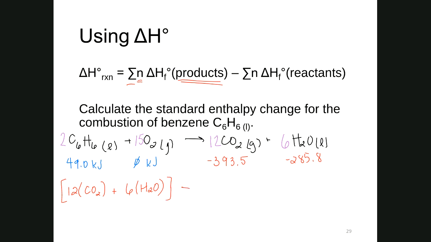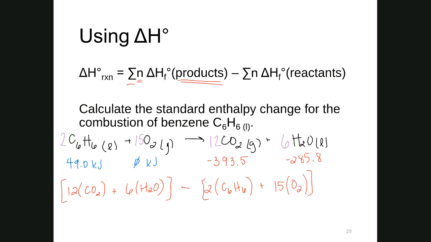minus the sum of the same thing, but for the reactants. So for my reactants, I have a coefficient of 2 for benzene, so it'll be times the enthalpy of formation of benzene, plus, since it's a sum, 15 times the enthalpy of formation of oxygen.